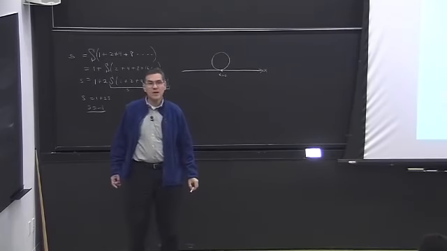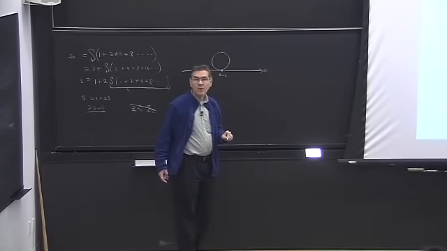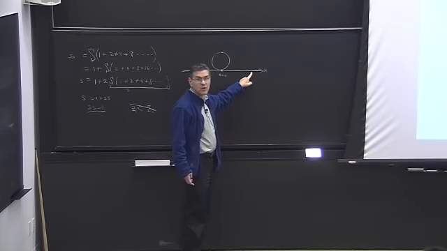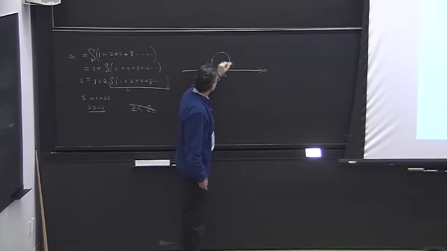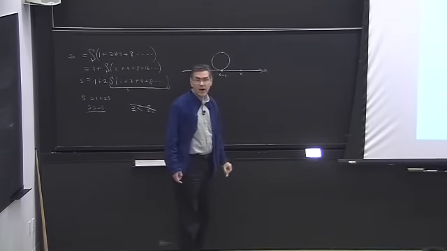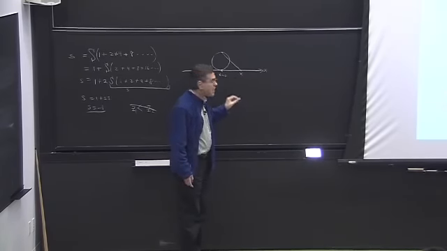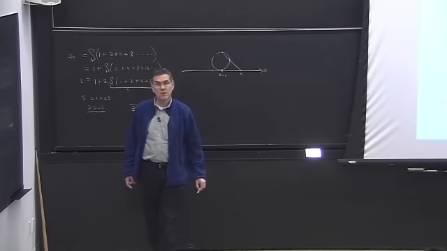And then by drawing a line from the North Pole, you can assign every point on the x-axis. You can map that to a point on this circle. So here's a number x, and if you just draw a line to x, this line maps the point x onto a corresponding point on the circle.